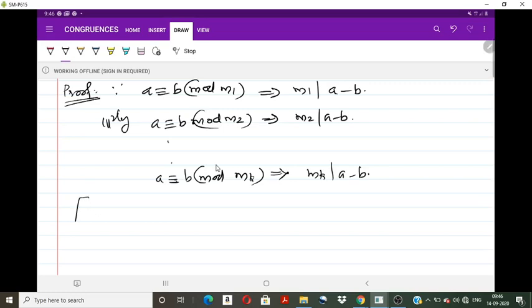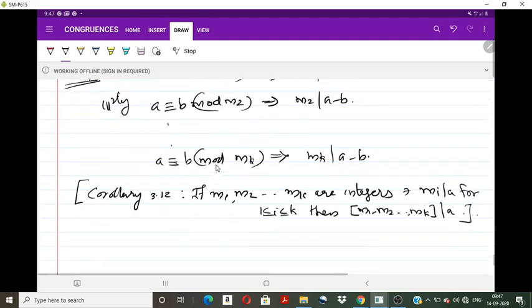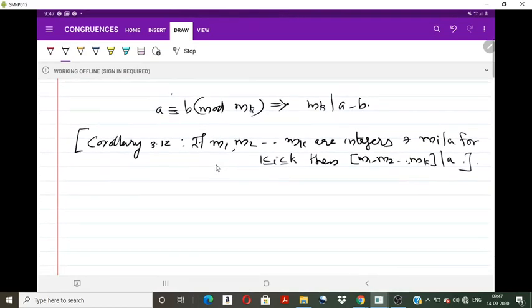That is, we have one corollary. By the corollary 3.12, that is, if M1, M2, etc., Mk are integers such that Mi divides A for 1 less than or equal to i less than or equal to k, then their LCM of M1, M2, etc., Mk also divides A. Using this result, M1 is a divisor of A minus B, M2 is a divisor, etc., Mk is a divisor.